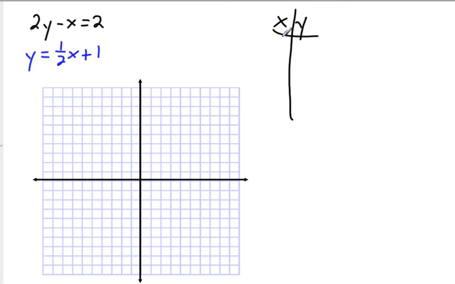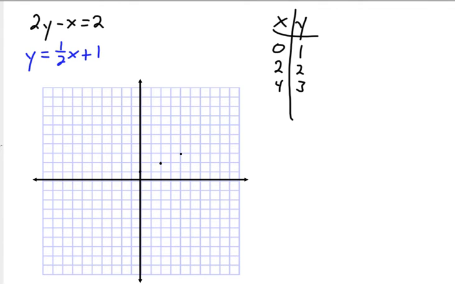It might be easier to choose values for y in this case, so I'm going to say if y is 1, x is 2 minus 0, which would be 2, and in fact if y was 2, then 4 minus 2 would be 2, and then if y is 3, then x would have to be 4. So let's graph these. So we have 0, 1, and then we have 2, 2, and we have 4, 3, something like that.